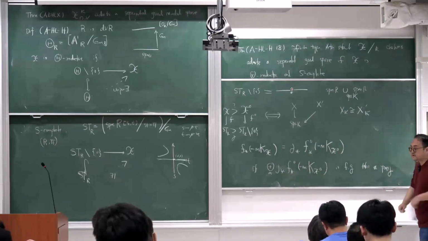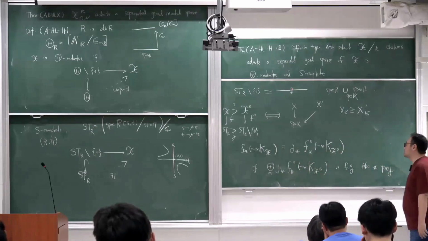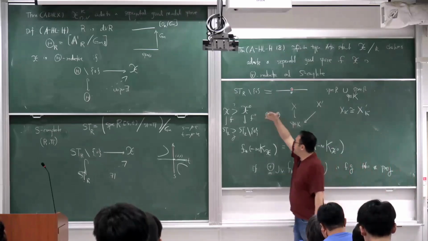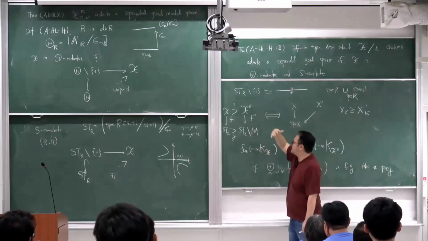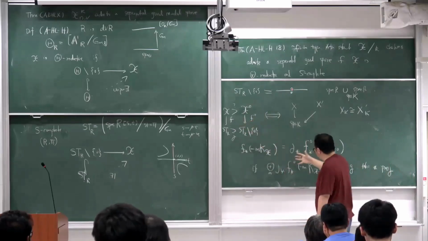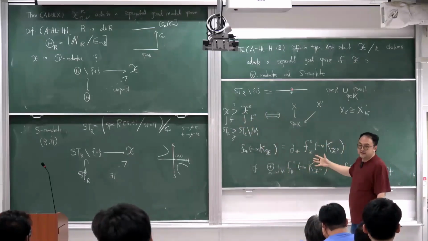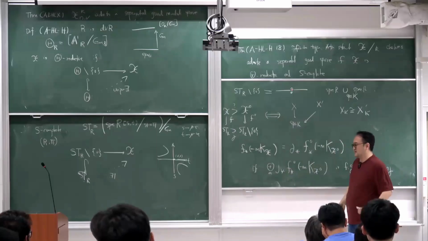So that tells me the only possible extension of this as some polarized scheme is just given by taking Proj of this one. So the only possible extension is already there.